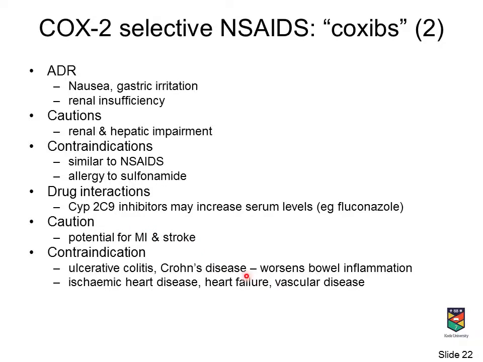And then, surprisingly, I suppose, they worsen inflammation in some conditions. They worsen bowel inflammation in patients who've got ulcerative colitis and Crohn's disease. And you shouldn't use them in patients with ischemic heart disease, heart failure, and vascular disease. And from what we've said so far about the function of these drugs or of NSAIDs in the cardiovascular system, that should be fairly straightforward to understand.